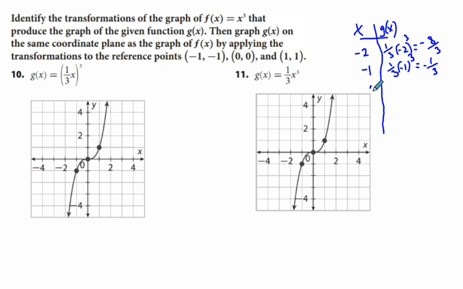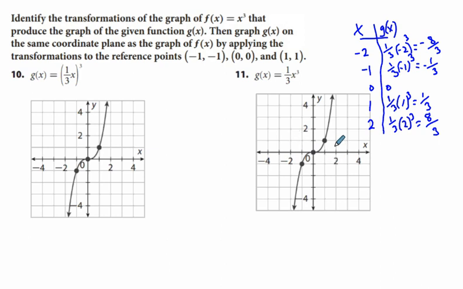So basically, we're taking every input value, we have 0, 0, and we're multiplying that by 1/3. So we have 1/3 times 1 cubed, which equals 1/3. And if we have an input of 2, we have 1/3 of 2 cubed, which is equal to 8/3. So we have some points to work with.